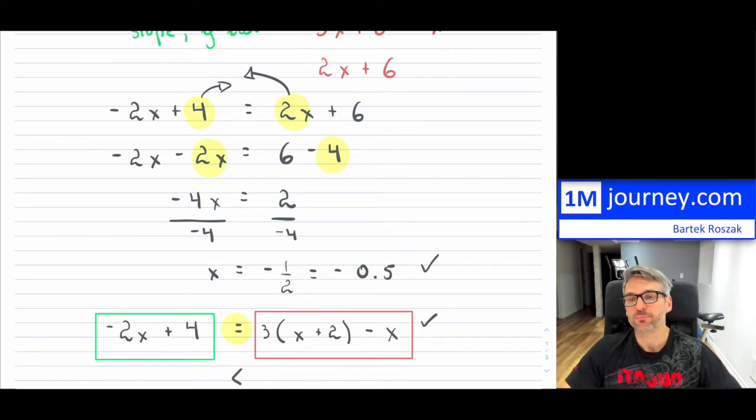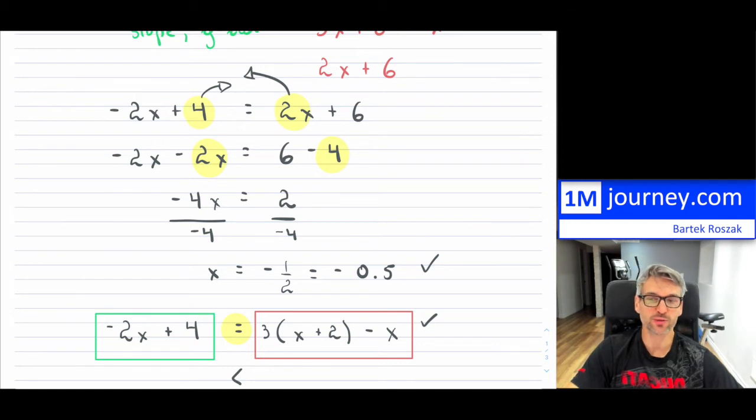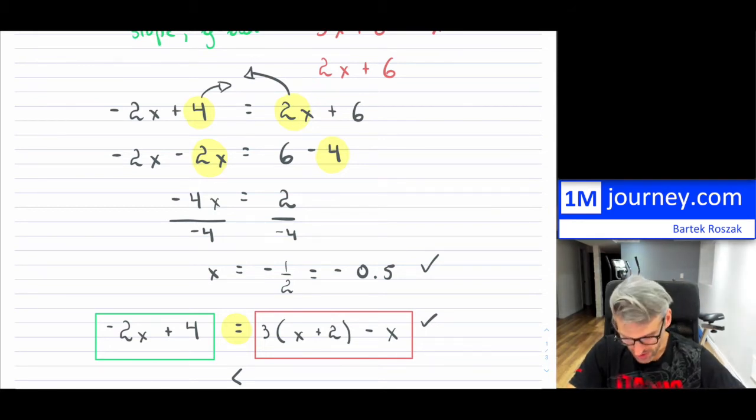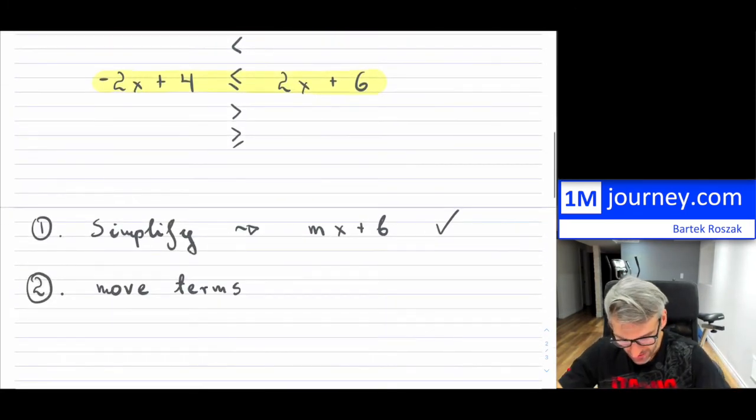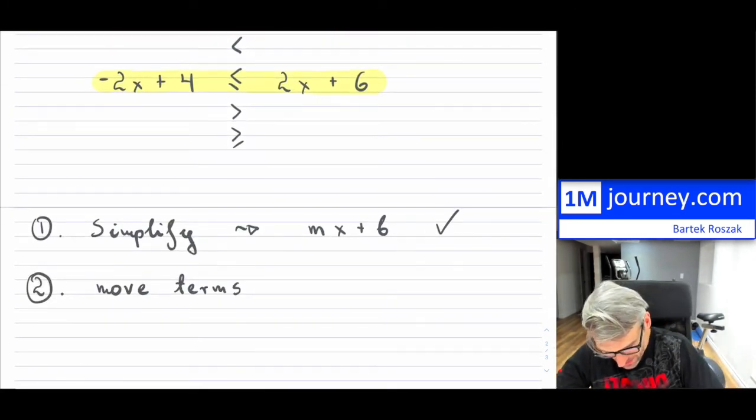And what happened was the sign changed on us. So really, when we're moving that 4, we're subtracting 4 from both sides. And when we are moving the 2x, we are subtracting 2x from both sides. So this moving of terms is really nothing else but simply the addition or the subtraction of terms.